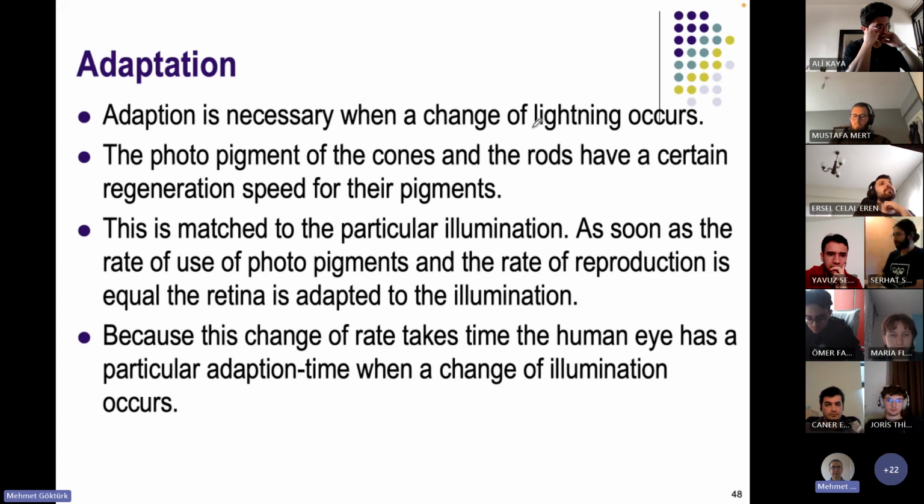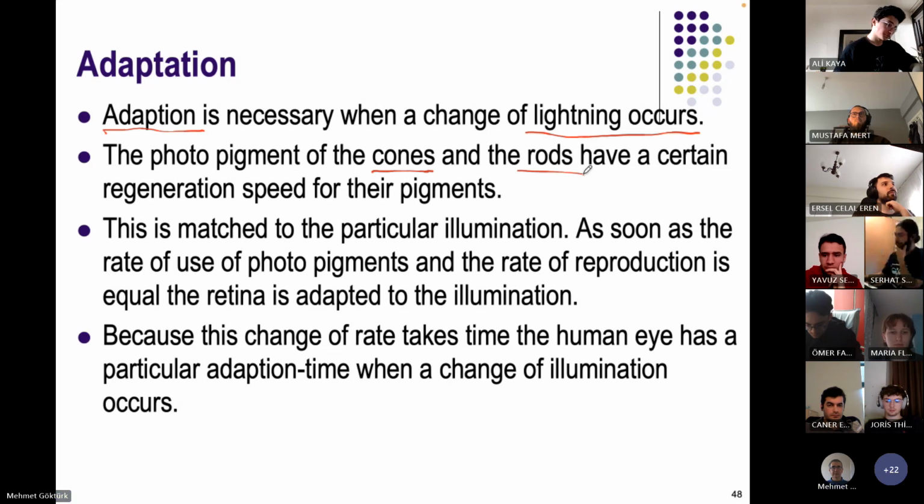Now, this is where we left last time. When there is a lighting change, our eyes have to adapt. So our cones and rods have certain adaptation speed. Adaptation speed is fast for the rods, slow for the cones. When the illumination changes, our eye's retina adapts.